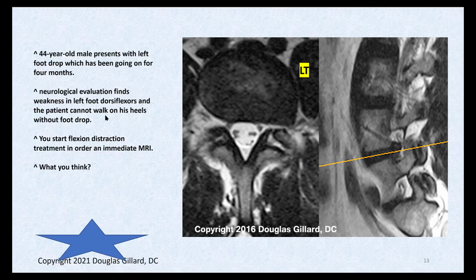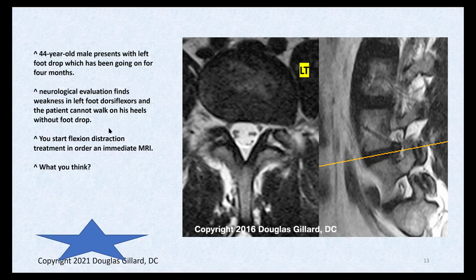And a lot of times if they have an L5 problem, that thing will have no power at all. Extensor hallucis longus is pure L5 in probably 95% of the cases. So it's a very strong indication of an L5 problem if they don't have the power to raise their big toe to the ceiling.